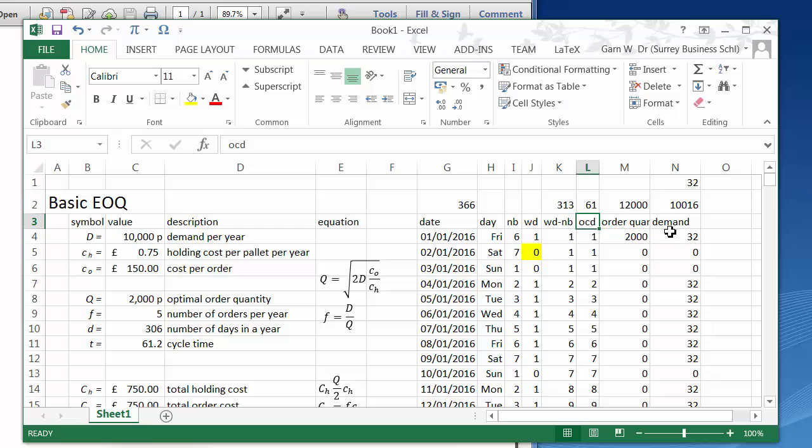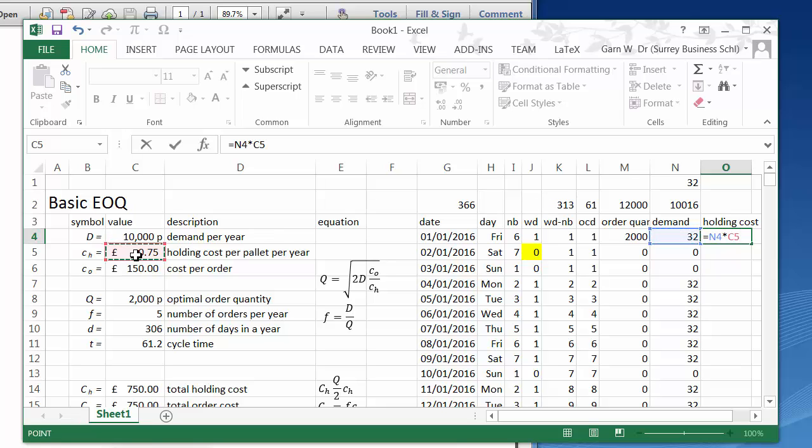Okay. What are the holding cost and the ordering cost? Holding cost. So we have got 32 pallets. Good. 1 pallet costs 75 pence per year. So divided by... that's an interesting point again. Actually we need to have a look at the inventory first.